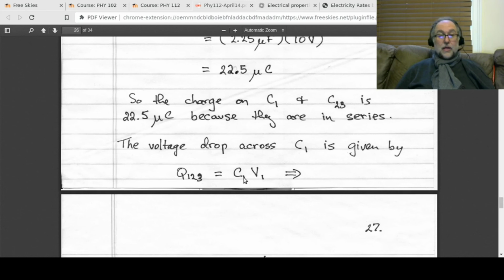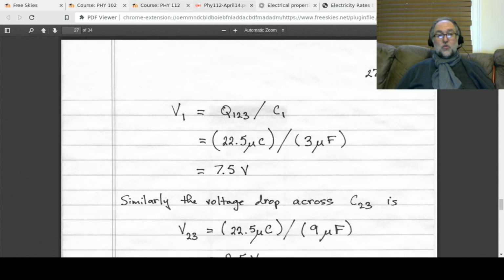We know that C1 is 3 microfarads, and we don't know V1, but now we can solve for it. Rearranging the formula, V1 is the total charge accumulated divided by C1. That's 22.5 microcoulombs divided by 3, which gives 7.5 volts. So the voltage drop across C1 is 7.5 volts.